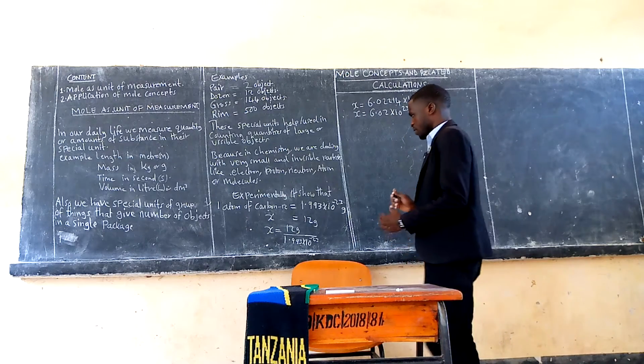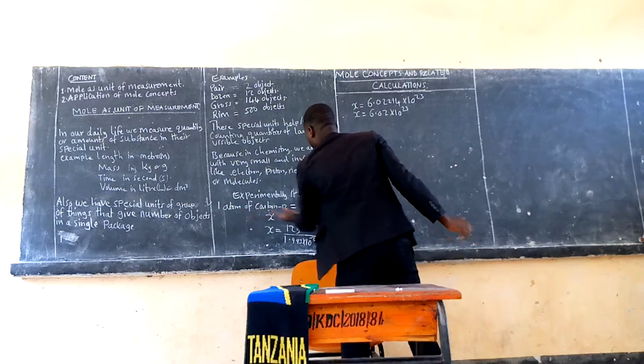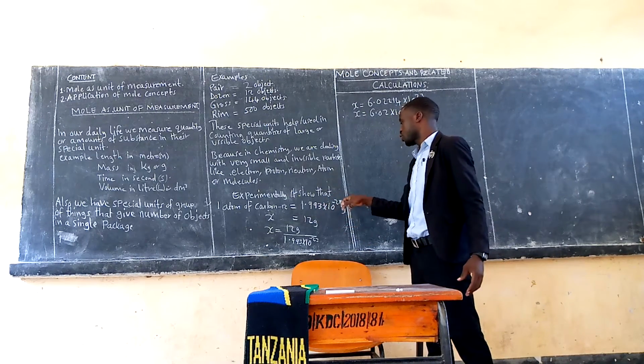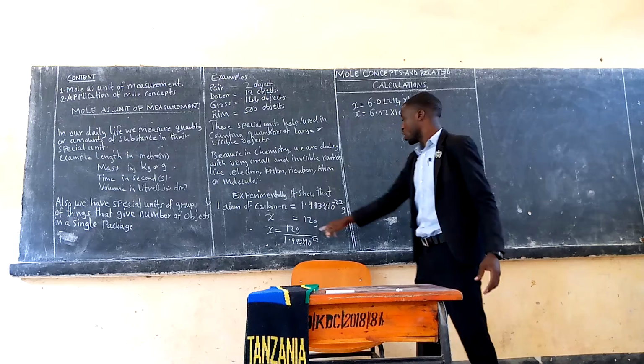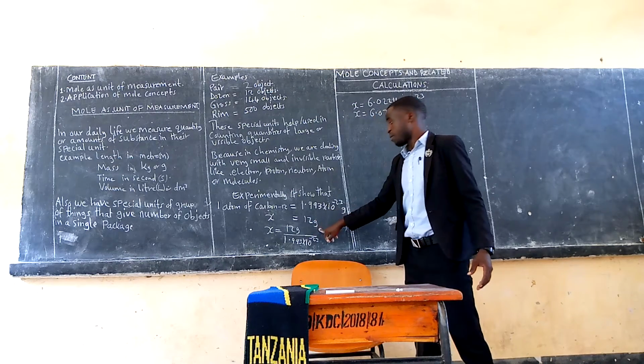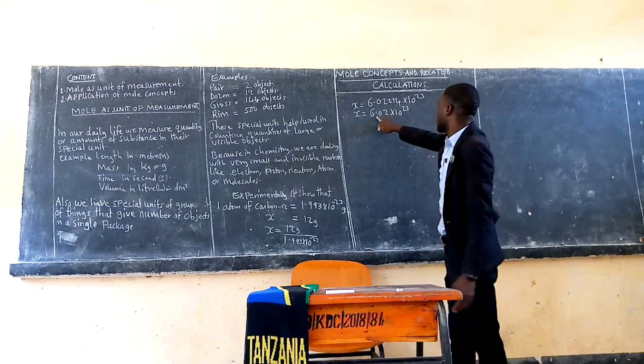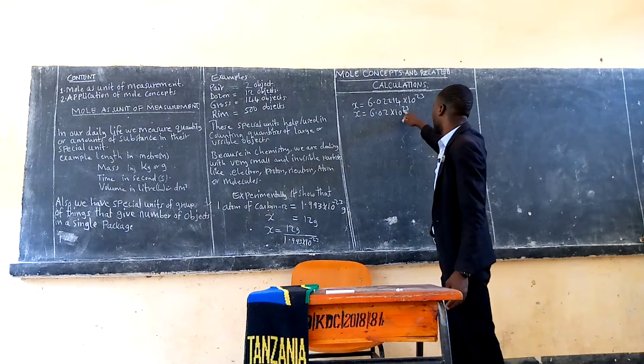This means that if one atom of carbon-12 equals 1.993 times 10 raised to negative 23 grams, therefore 12 grams of carbon is equal to 6.02 times 10 raised to 23.